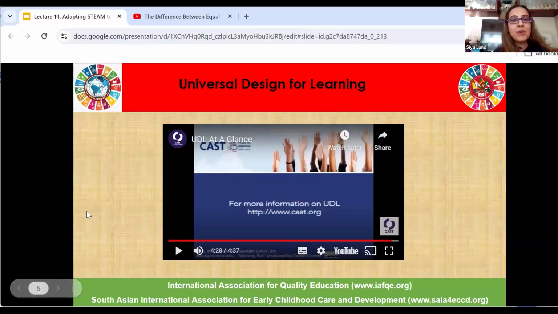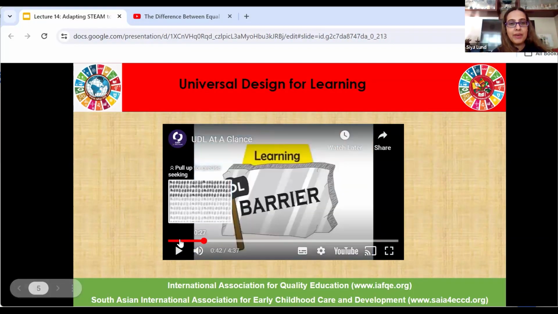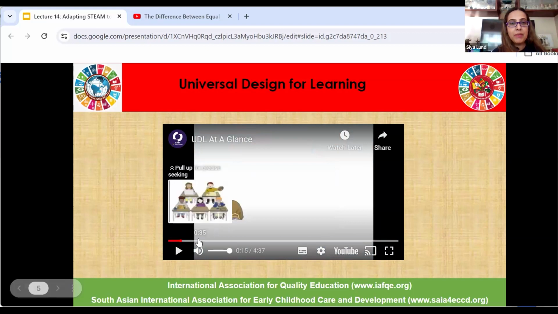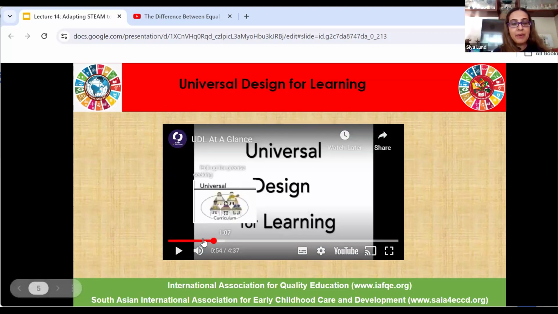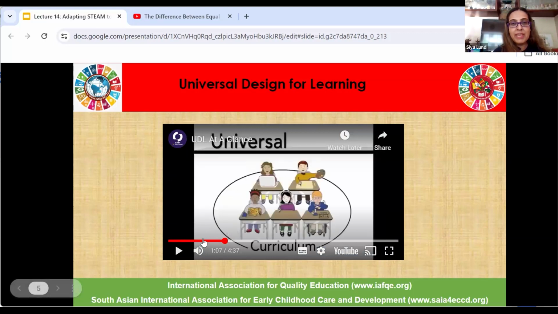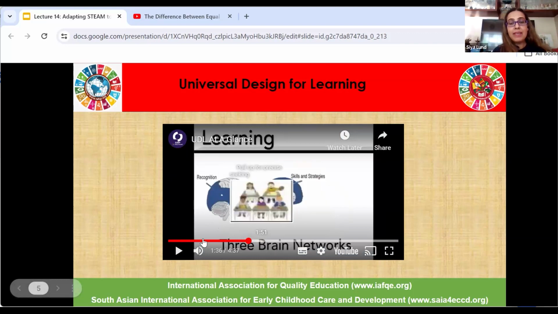So we just saw this amazing universal design for learning, which talks about how it breaks the barrier for learning. It gives equal opportunities to everybody to learn by catering to their needs, right?